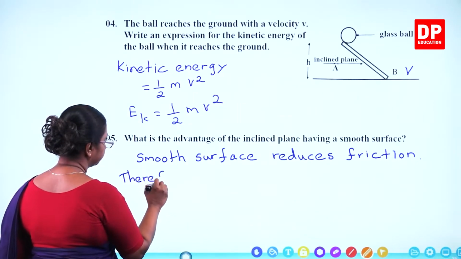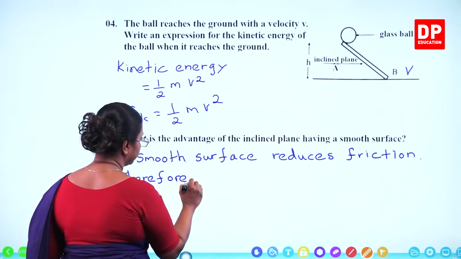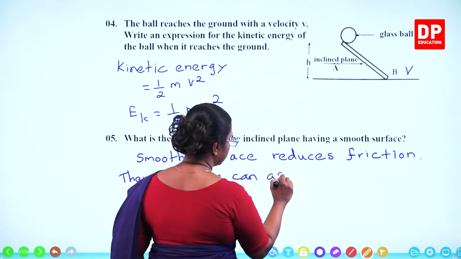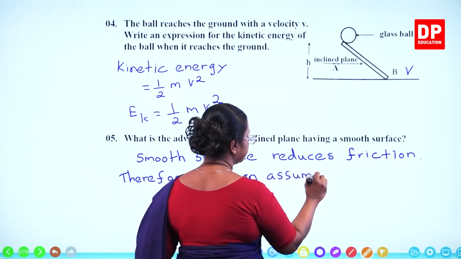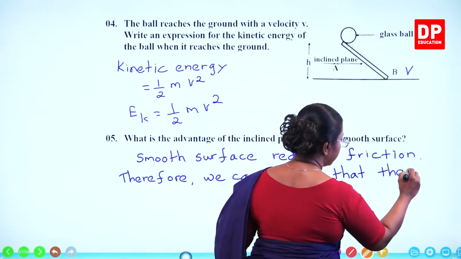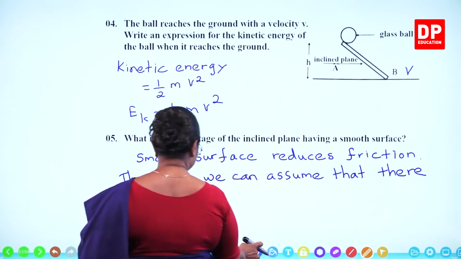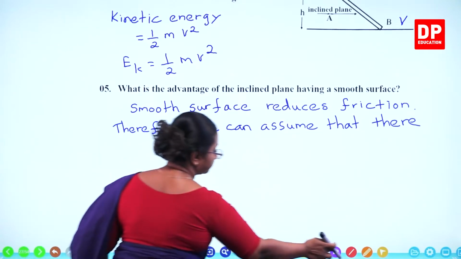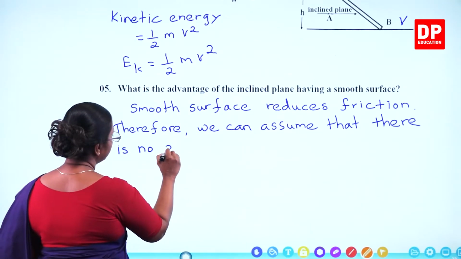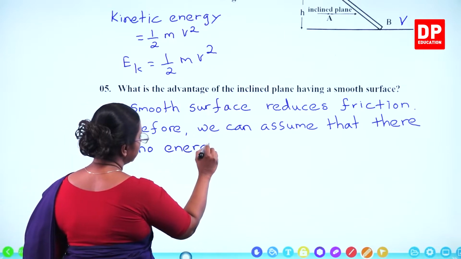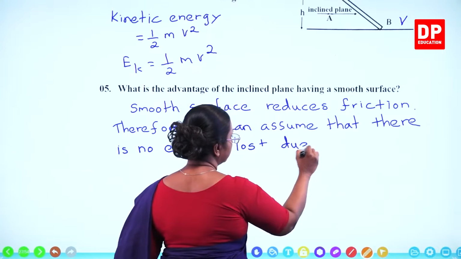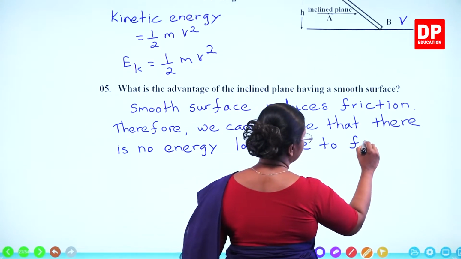Therefore, we can assume that there is no energy lost due to friction.